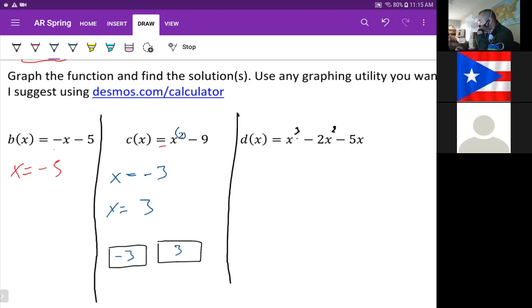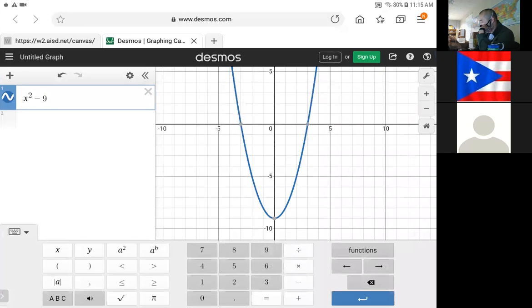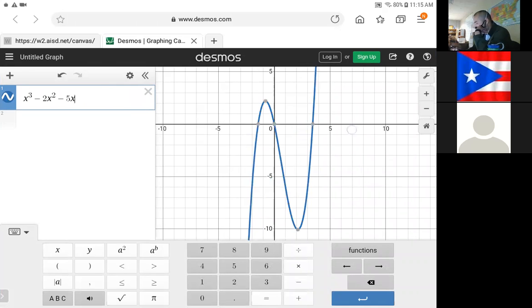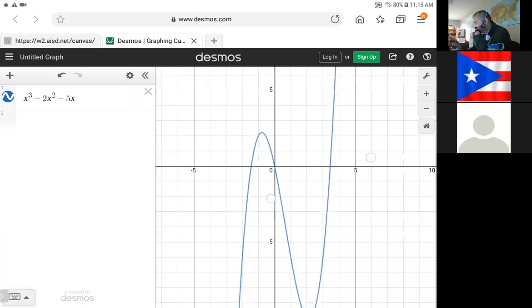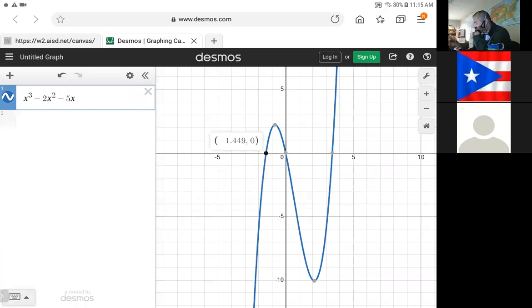The last one here, x to the 3 minus 2x squared minus 5x. Type that in. All right, so you have those 3 points here. There's one right there, one right there, one right there.